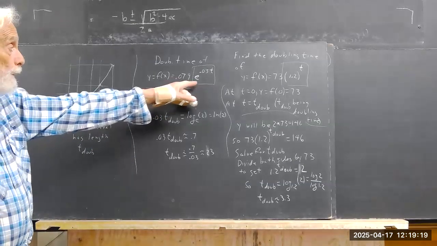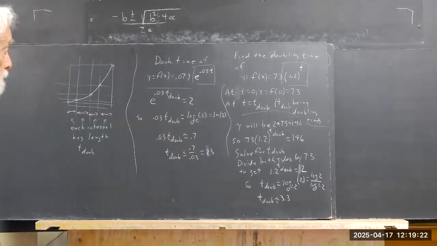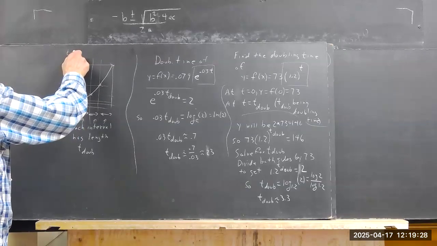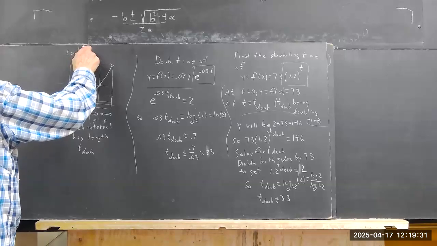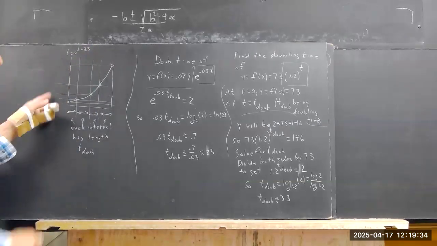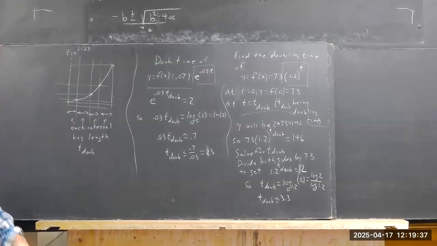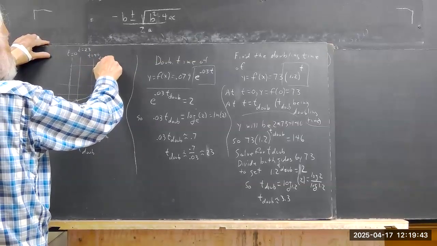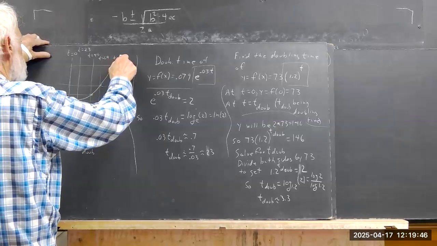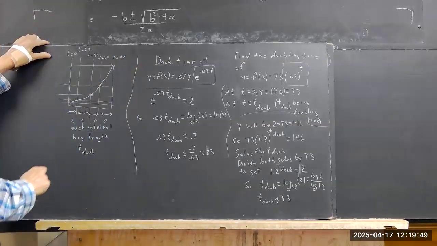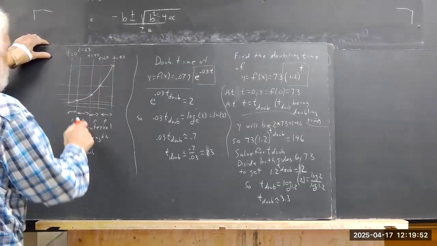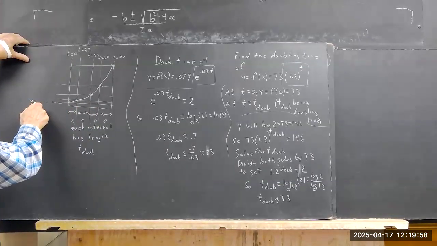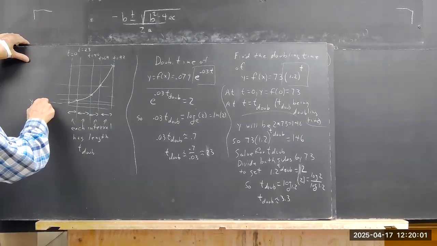So now if we wanted to graph this function, we could let t equal 0 here. t equals 23 here. t equals 46 here. t equals 69 here. t equals 92 here. Down here, we let y equal 0.079.